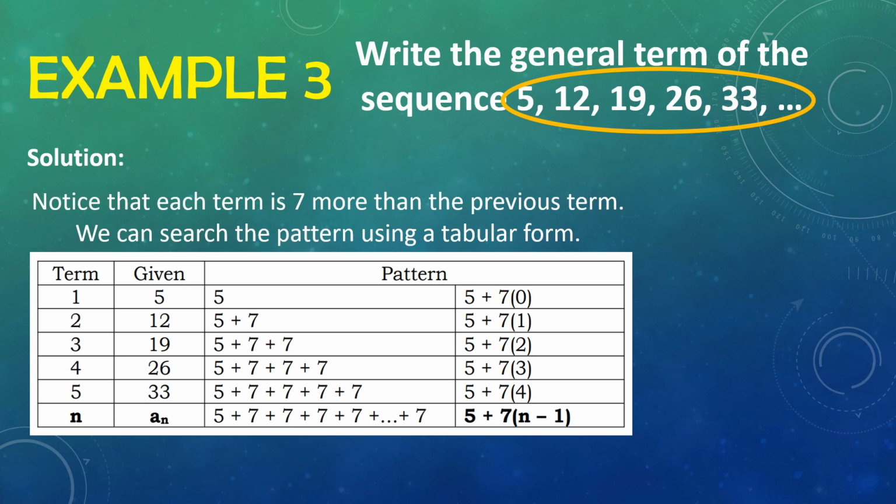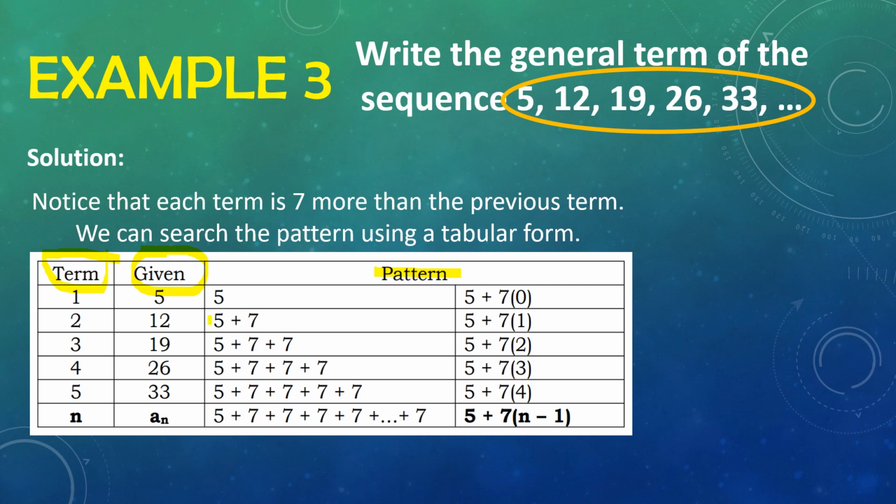In the table, you can see the term, the given, and the pattern. Now, the first term is 5, and the second term is 12. What can we say about the pattern?